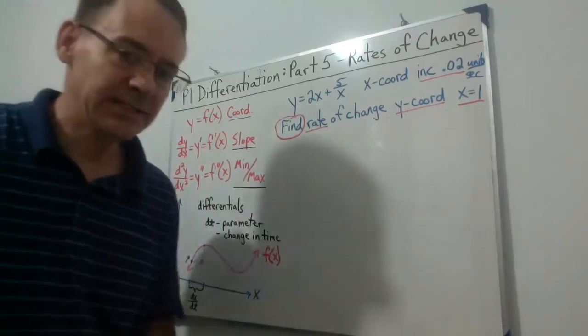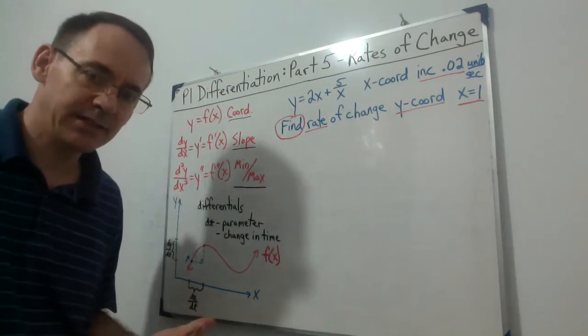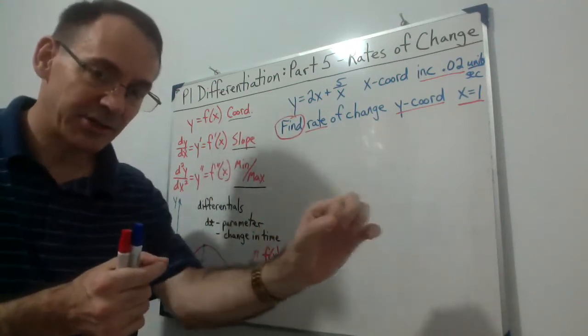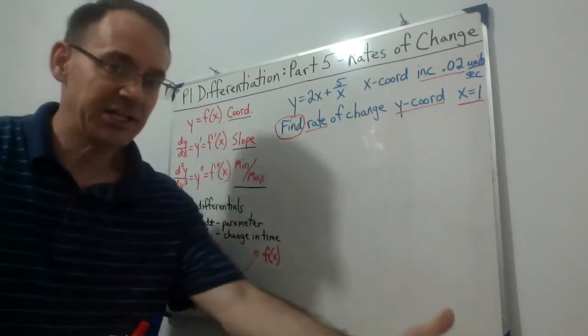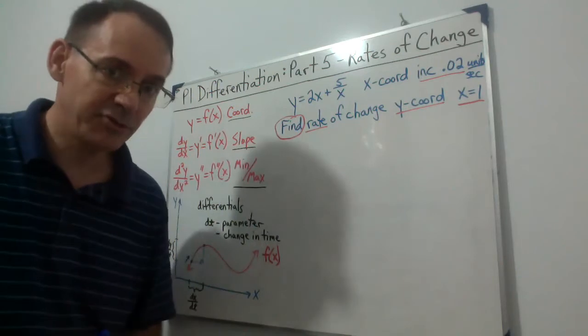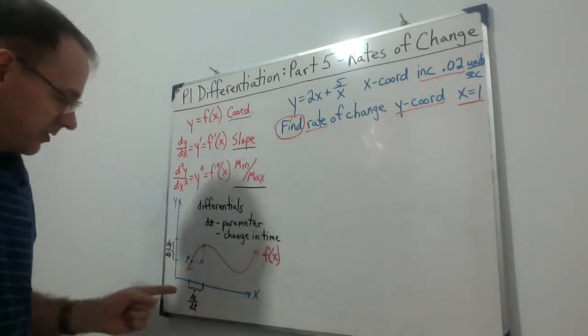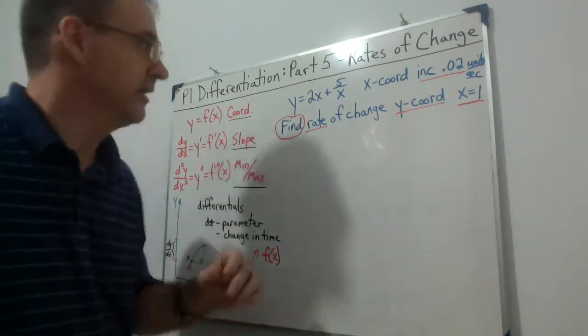So this one is important up here. And basically, these rates of change are kind of like speed. Speed is distance over time. The change in your horizontal position divided by the change in time gives you speed. So this is kind of like speed. It's speed along the x-axis and speed along the y-axis.